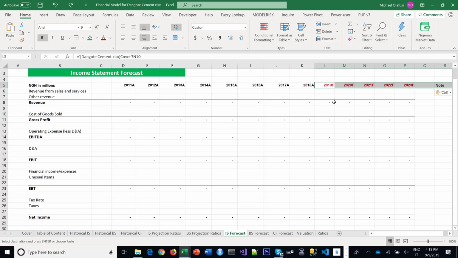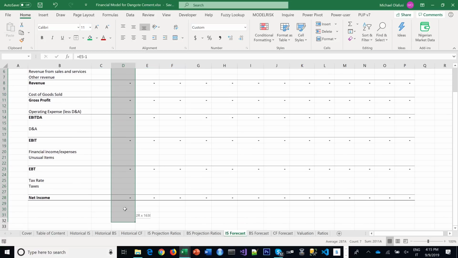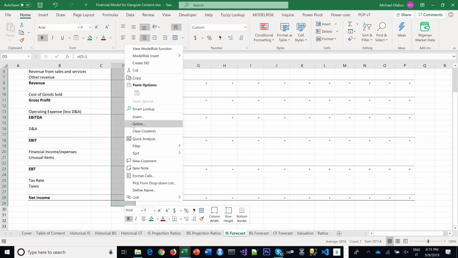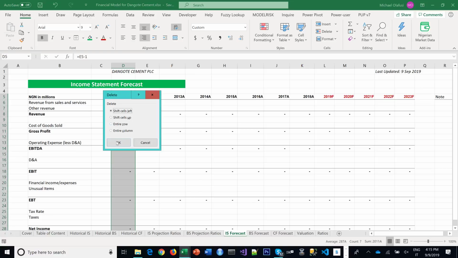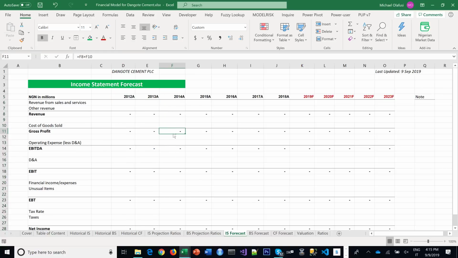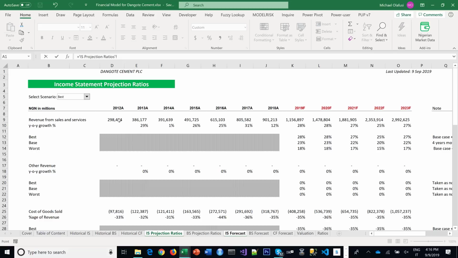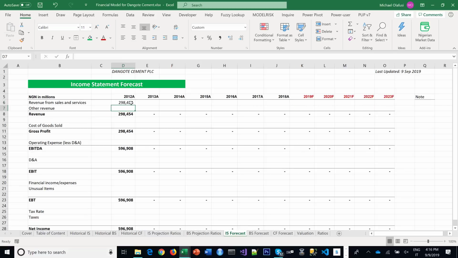Okay, it's here. Alright, so great. Okay, so we are good to go. I don't need this, so I'm going to take this out. I don't need it for 2011. Okay, so this is good. And then this is going to be really enjoyable because I'm just going to come here, pick the figure, and then drag all the way down.